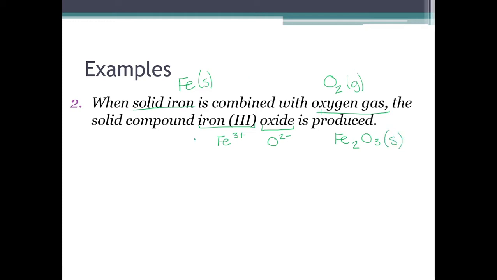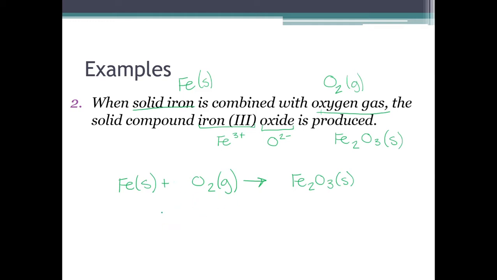Let's go ahead and write our initial unbalanced equation. We have solid iron reacting with, leave a space for a coefficient, oxygen gas to produce, leave a space for a coefficient, iron 3 oxide. That is a solid. So again, this may already be balanced, but we should not assume that.